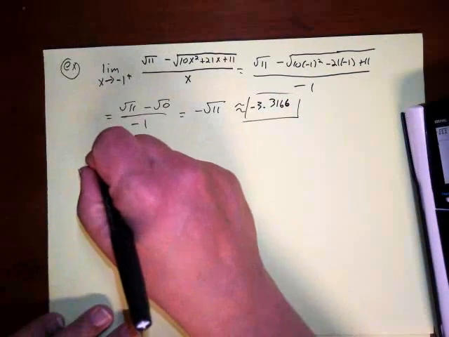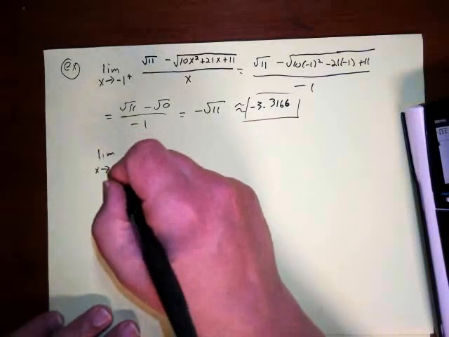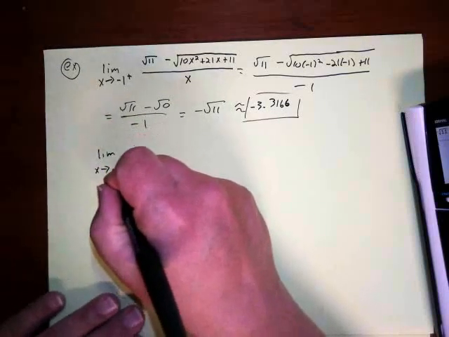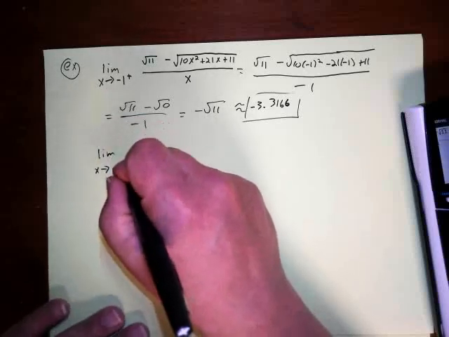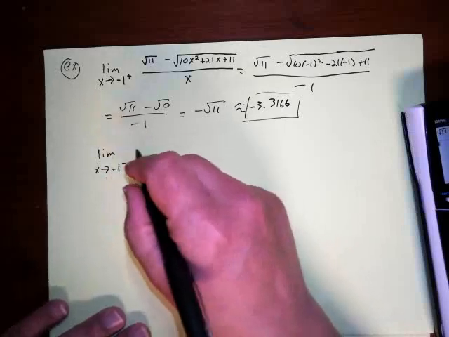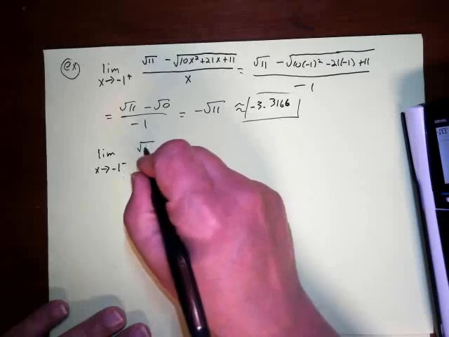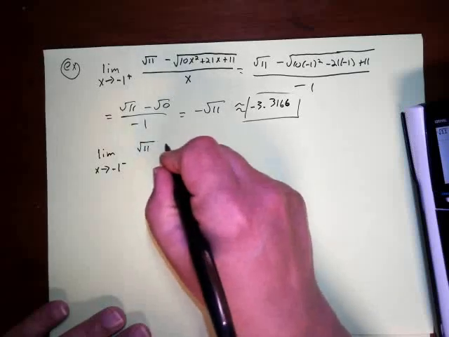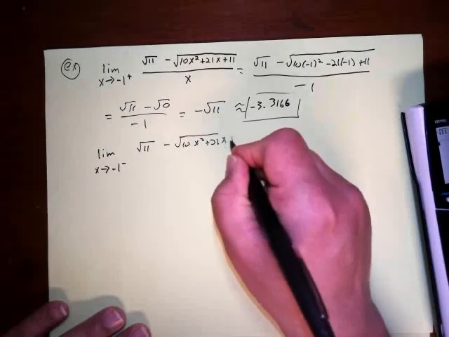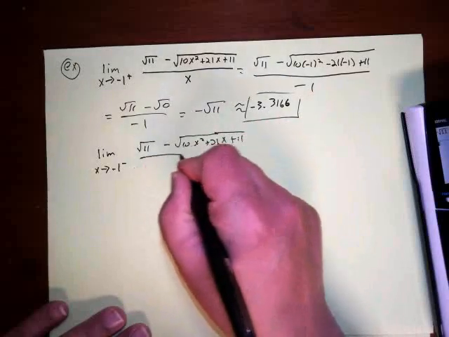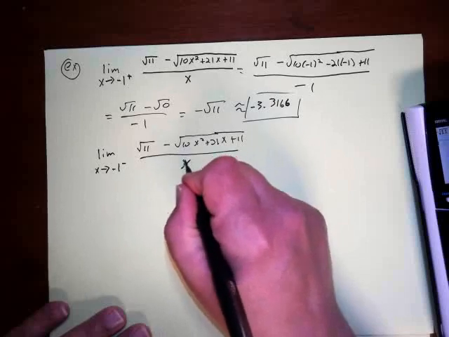Okay, but now what if I did this? The limit as x approaches negative 1 from the minus side, I would take the same thing, and I would have x on the bottom.